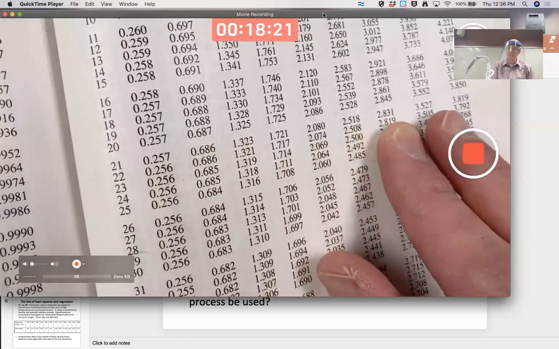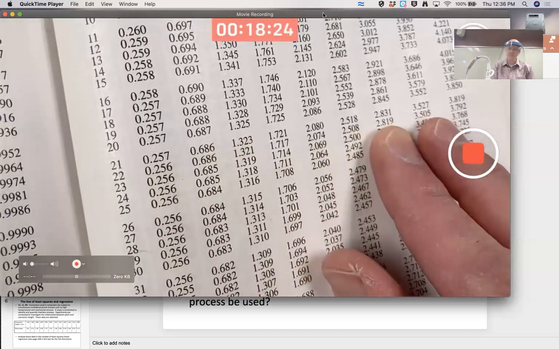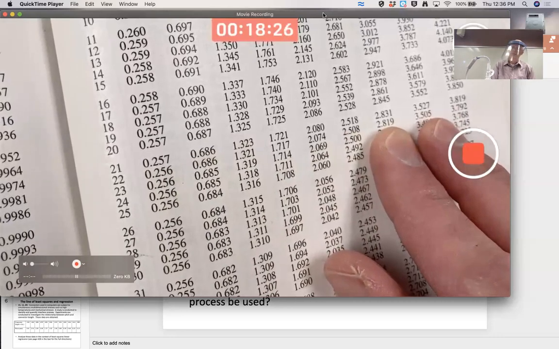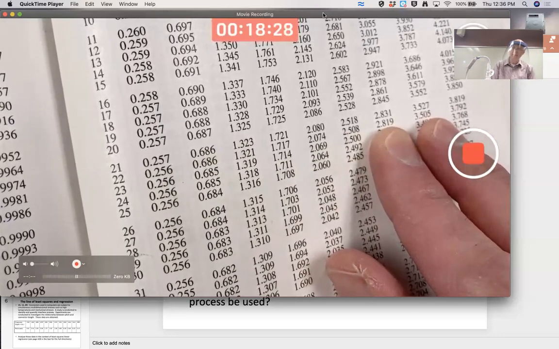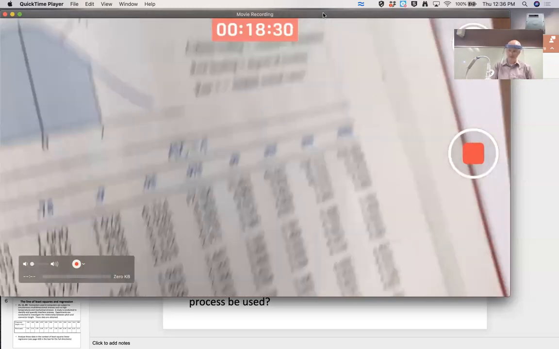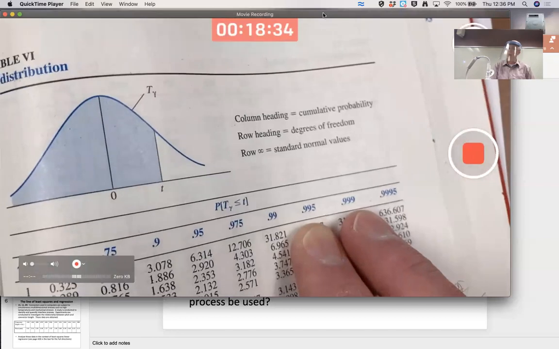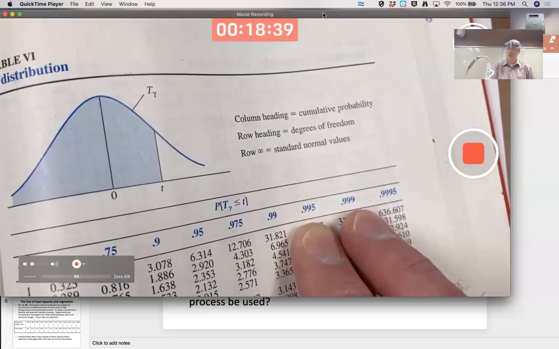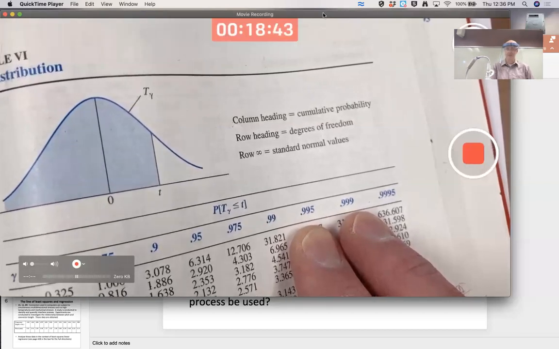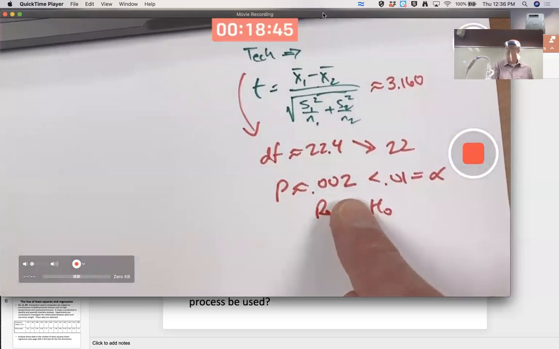It's between these two numbers. So the CDF value is between these two numbers, and therefore 1 minus those two numbers is what your p-value is between: 0.001 and 0.005. 0.002 is between 0.001 and 0.005.